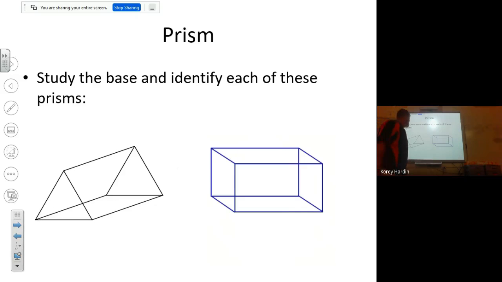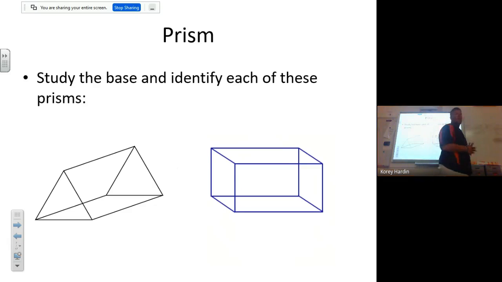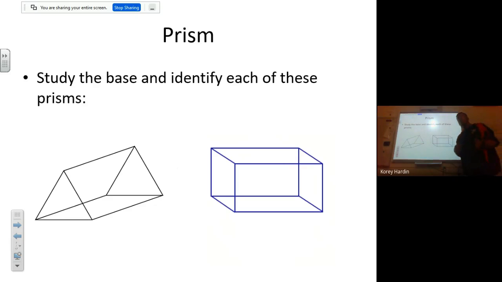All right, so looky here. I've got two prisms, okay? Now, study the base and identify each of these. So if I look at my base, once again, I have two different shapes. Now, on this, uh-oh, this thing's falling over. Okay, it got sleepy like I am right now, and it just fell over.